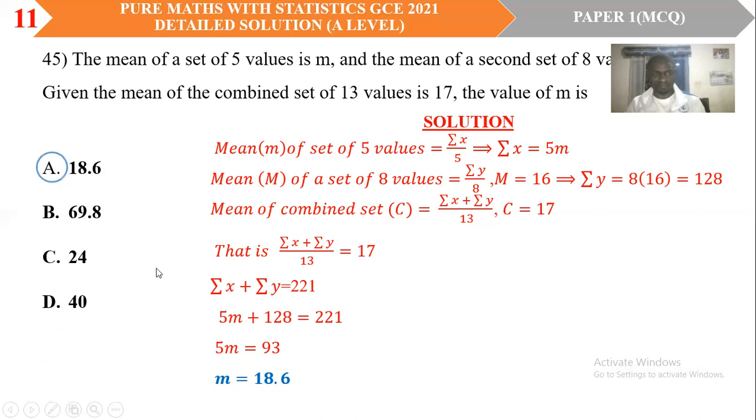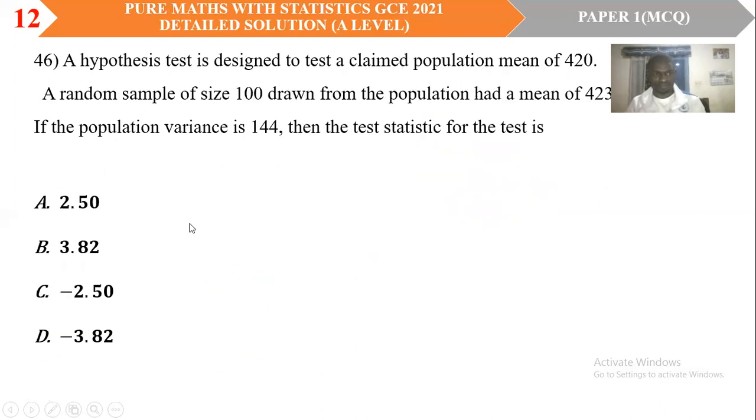Answer A. Question 46. A hypothesis is designed to test a claimed population mean of 420. A random sample of size 100 drawn from that population had a mean of 423.